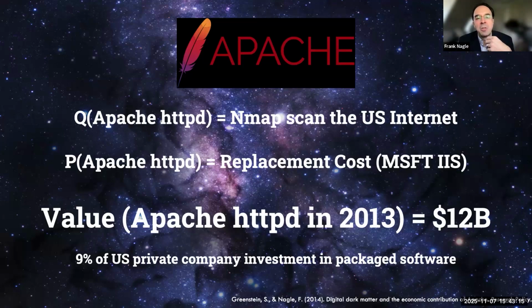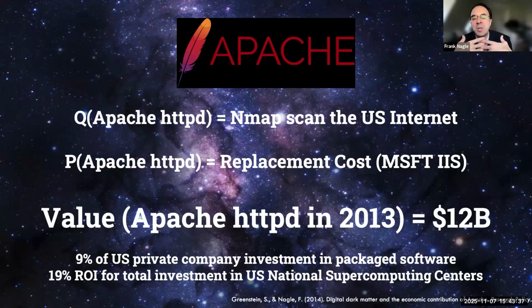And we also thought about another way of estimating this value more on the kind of supply side. So the Apache web server, if you don't know the history of it, came out of one of the federally funded national supercomputing centers. We couldn't find great numbers on exactly the investment that went into Apache specifically.